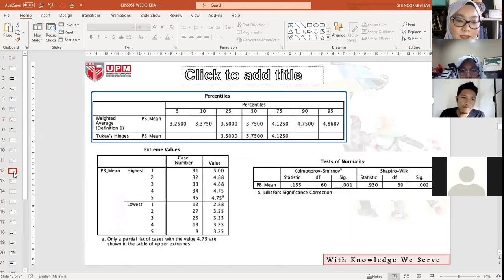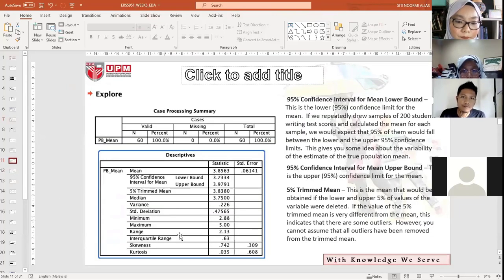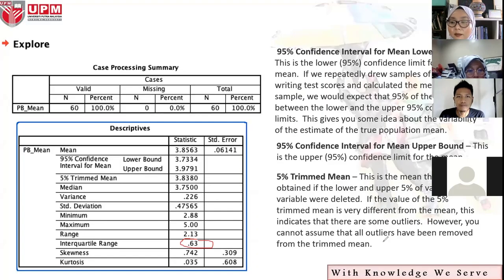So the value should be similar to here, though this one is already rounded to a close value. Q3 minus Q1, so you will get the interquartile range.